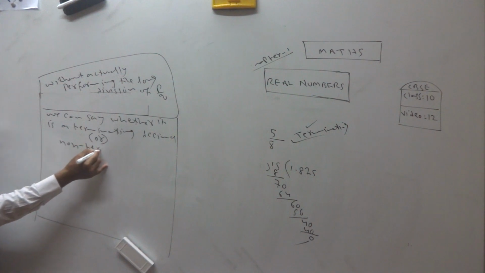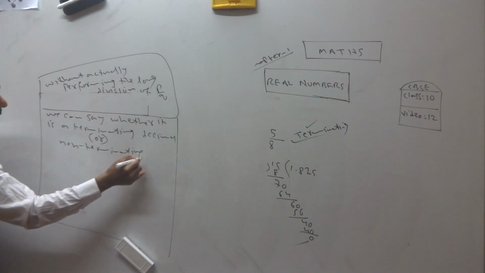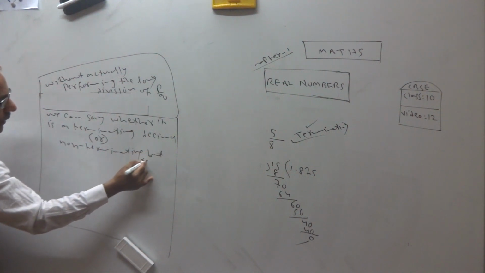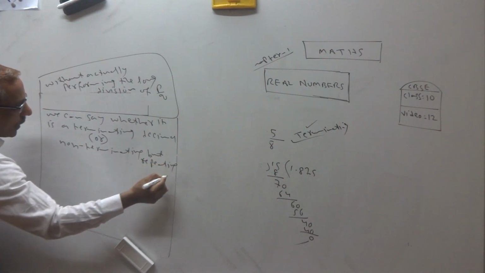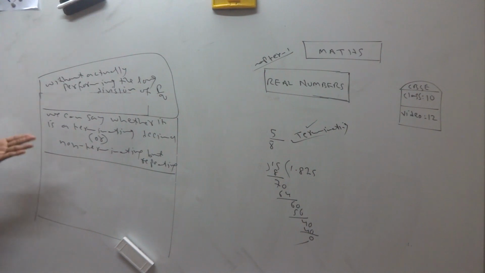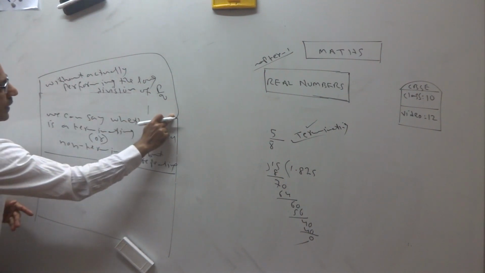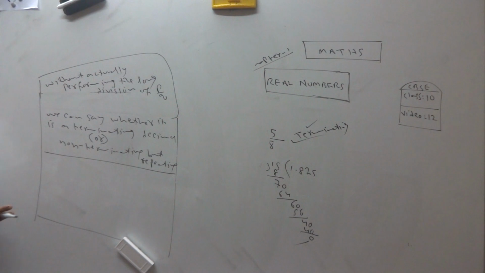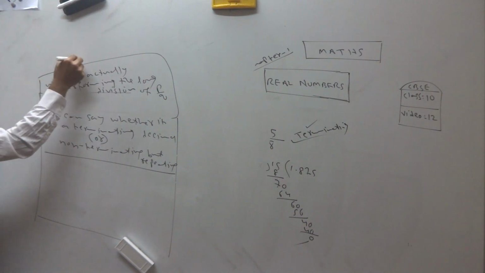We have two types. How do we decide that? Please see, this is a very important note.